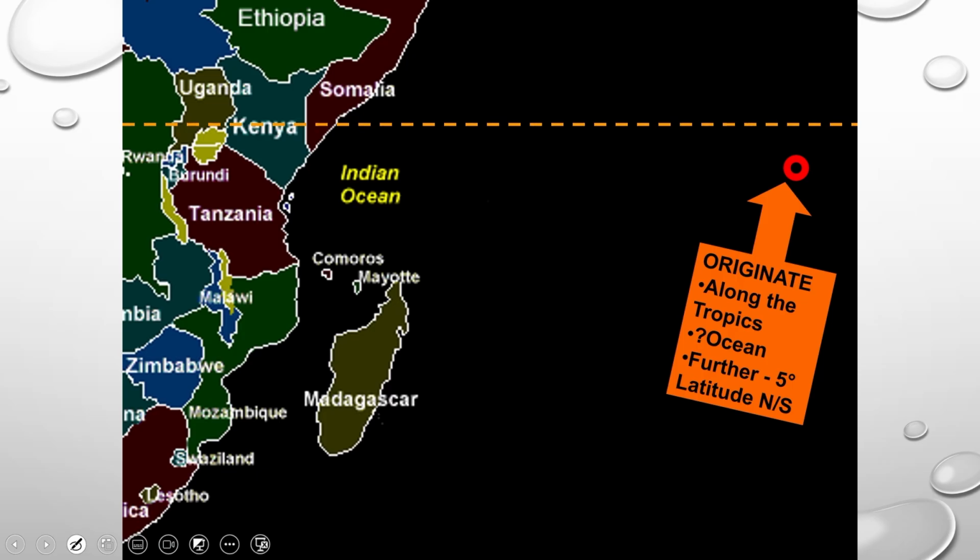They occur along the tropics, hence they are called tropical cyclone, because they occur along the tropics. You will find them from around 5 degrees north and south of the equator and further down. In essence, you will not be able to find them between 0 and 5 degrees north and south of the equator.